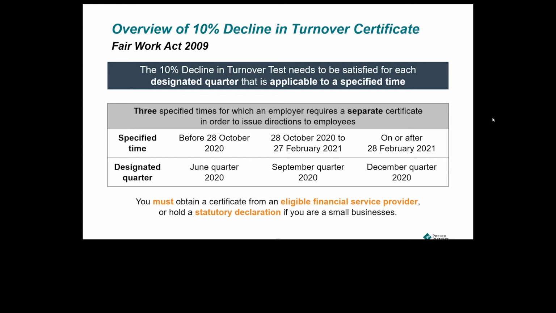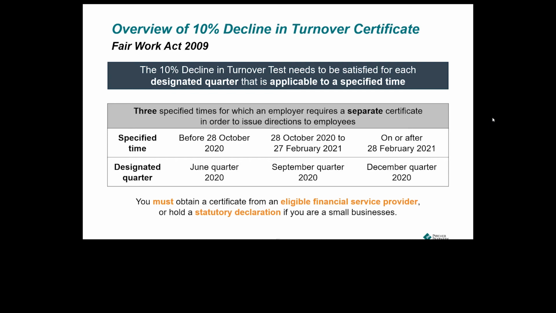And there are 3 specified times for which an employer requires a certificate in order to issue directions to employees, and it will be necessary to obtain a separate certificate in respect of each of these specified times that are referred to on this slide here.